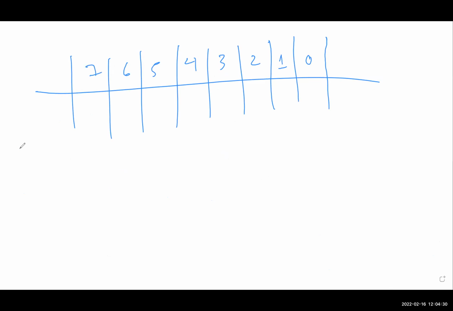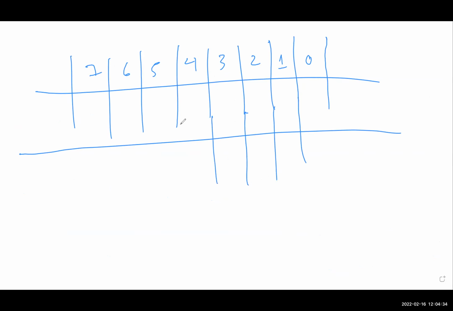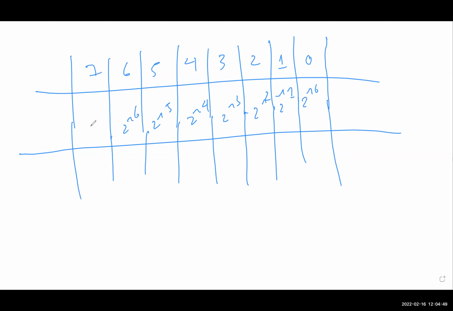And each bit has a value. So you have 2 raised to the power of 0, 2 raised to the power of 1, 2 raised to the power of 2, 2 to the power of 3, 4, 5, 6, 7. So 2 raised to 0 is 1. 2 raised to 1 is 2, 2 raised to 2 is 4, 2 raised to 3 is 8.